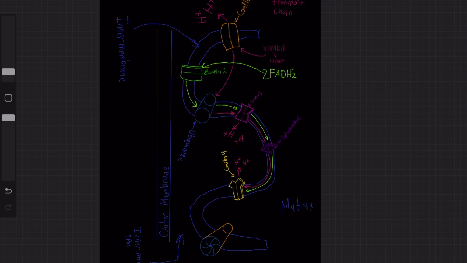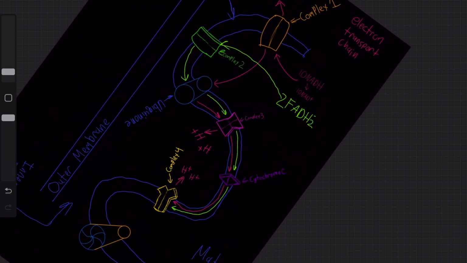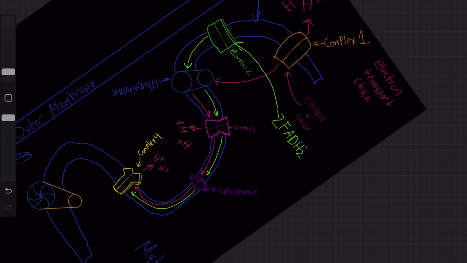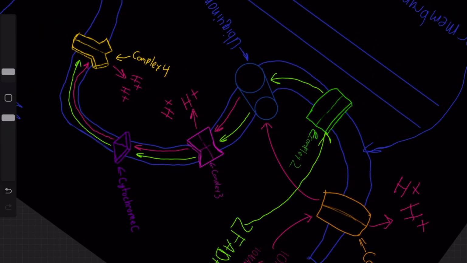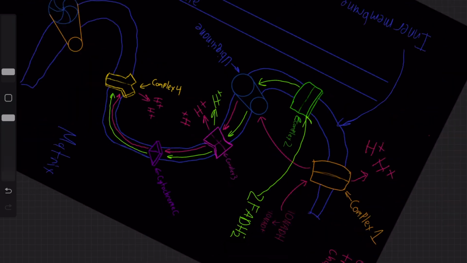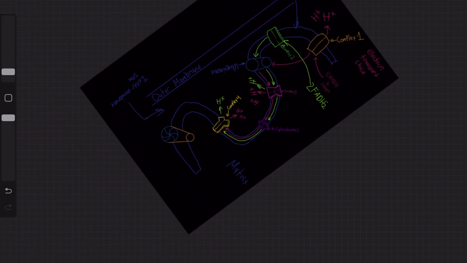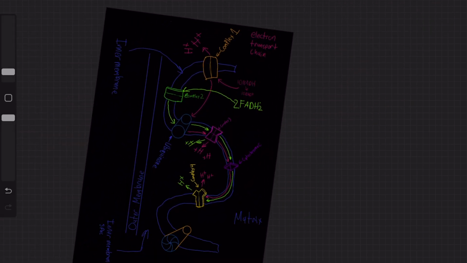Now, as for hydrogen ion pumping, electrochemical pumps, complex 2 does not pump hydrogen ions. However, the hydrogen ions from FADH2 will be pumped from complex 3 and in complex 4, but just in smaller quantities.